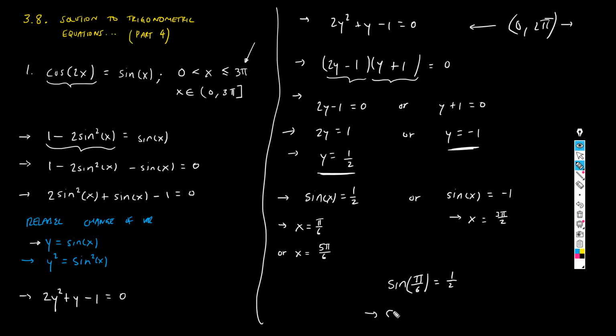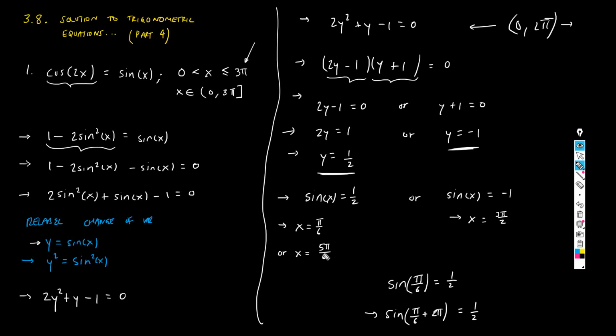But also, if you write sine of pi over 6 plus 2 pi, which is another angle, pi over 6 plus 2 pi radians, different from pi over 6, you will get the same result, 1/2.